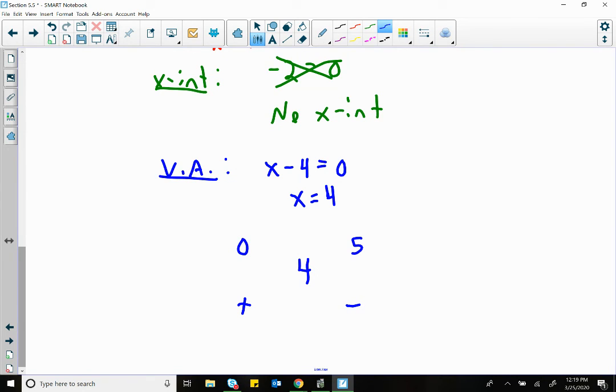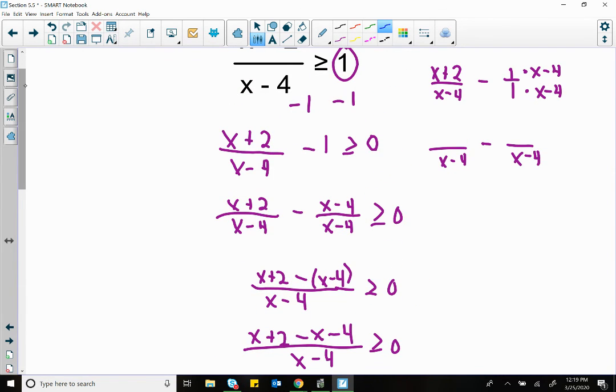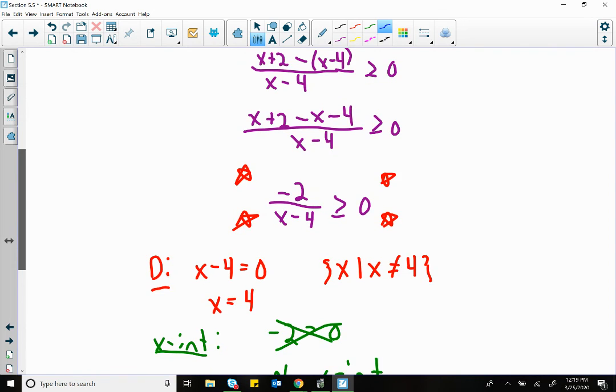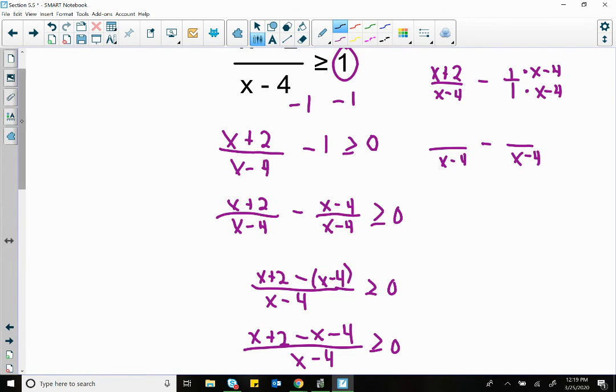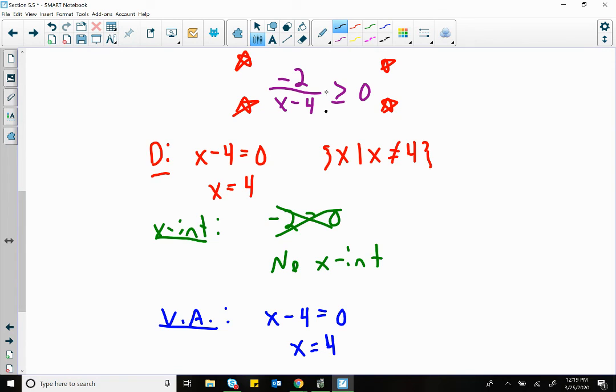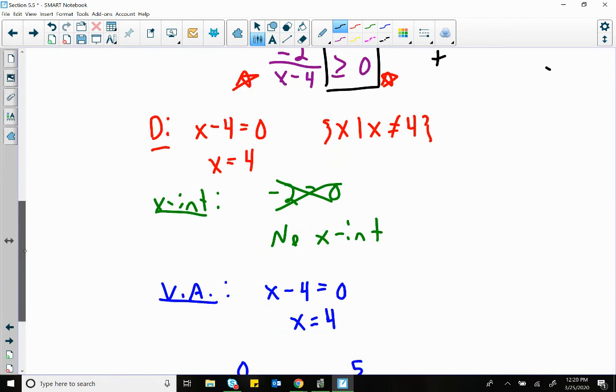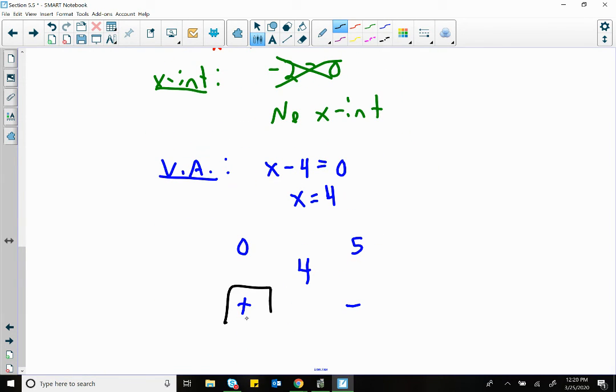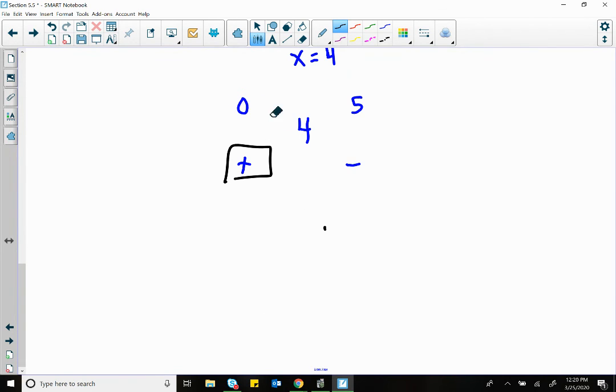Okay? So now we can answer the question. The question says, on our new equation, not the old one, when are we greater than or equal to 0? So that means, again, we want positive numbers. So when are we positive? Right here. So this interval is negative infinity all the way up to 4.